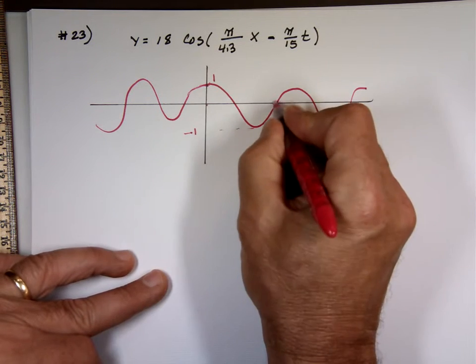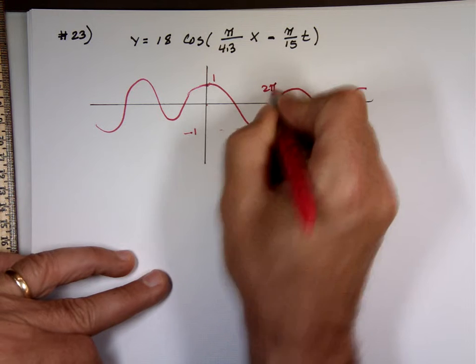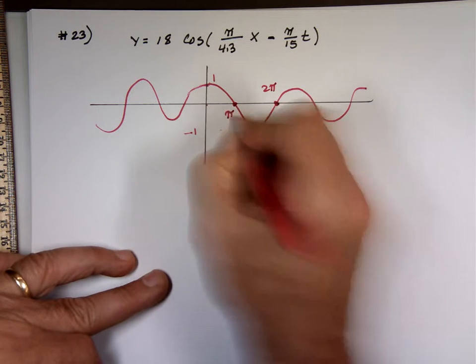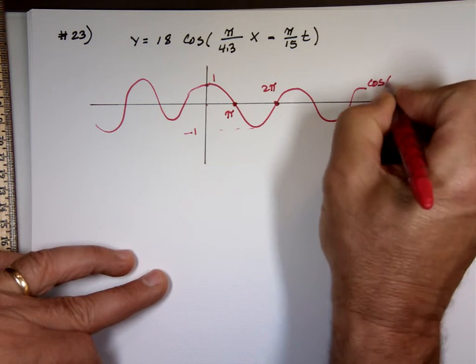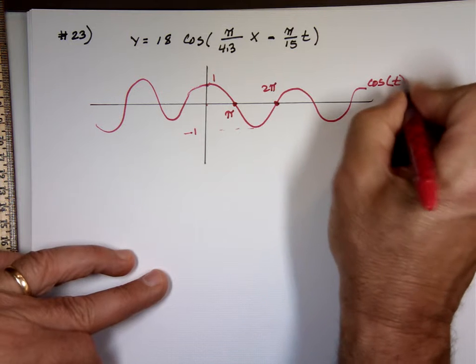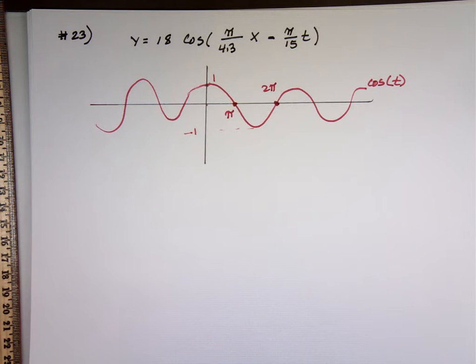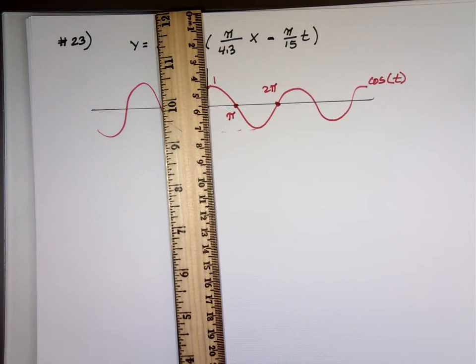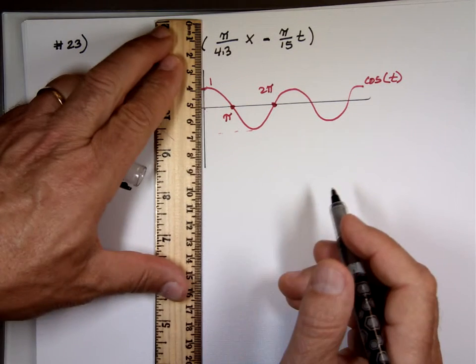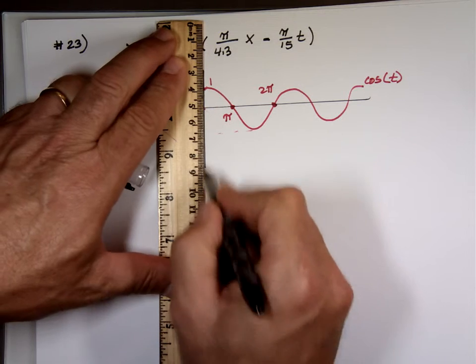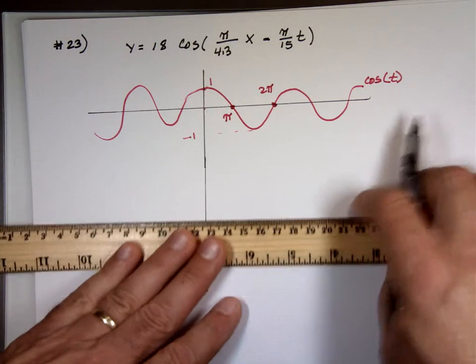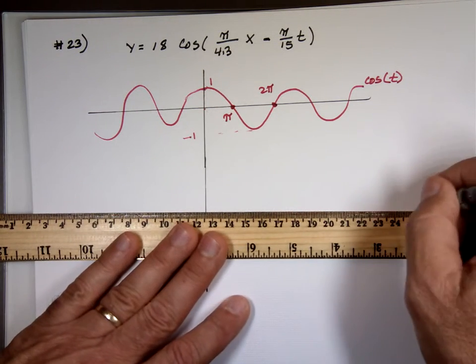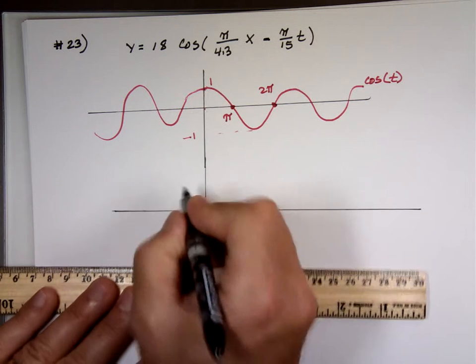And this would have been 2 pi, this would have been a pi. That's the standard cosine function. This one actually has a little shift in it. Instead of starting at the peak right there, this particular one is actually shifted.